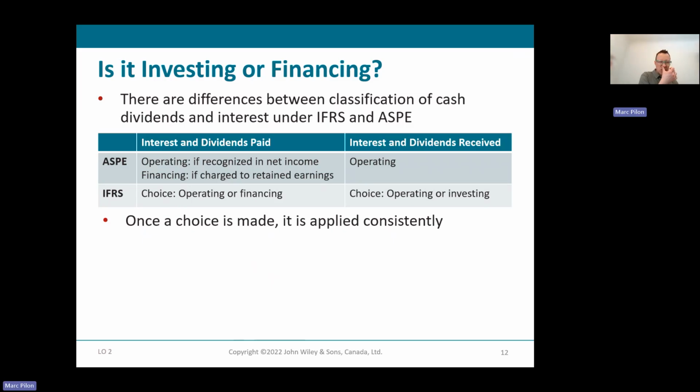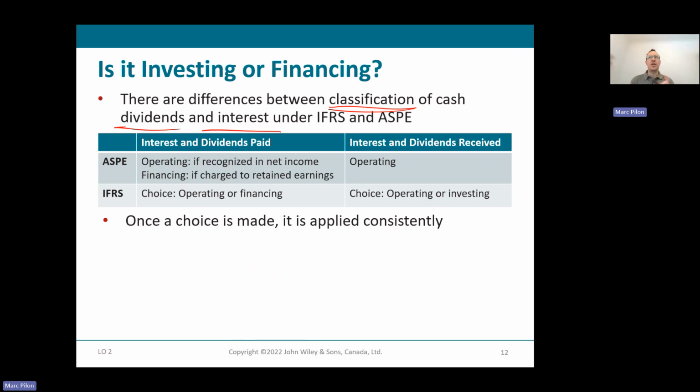So this is one of those complexities in the chapter, because the accounting standards are a little bit complex here. But I'm going to show you a little quick secret, a little trick. So I'll explain the rules first, and I'll tell you my trick. So in investing and financing activities, there are classification choices between dividends and interest.